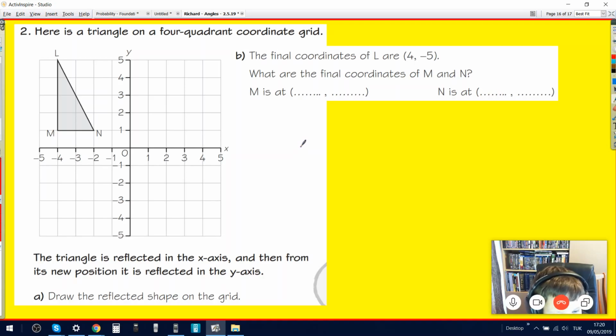L is 5 away from the x-axis, so we would need to make L 5 away from the x-axis on the other side. N is 1 away, so that would need to be 1 away. And the same goes for M as well.